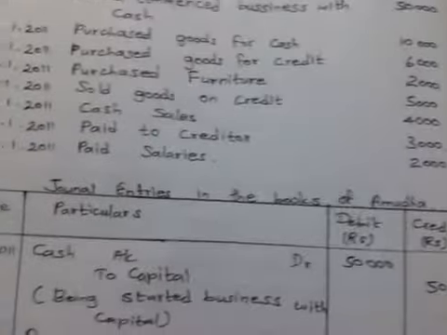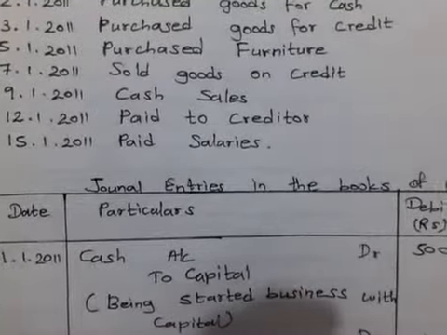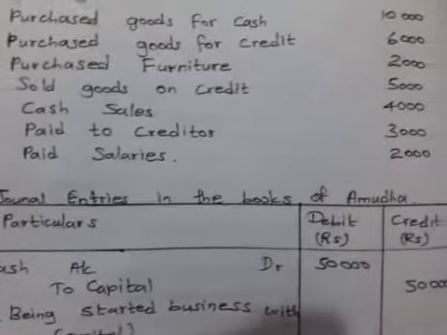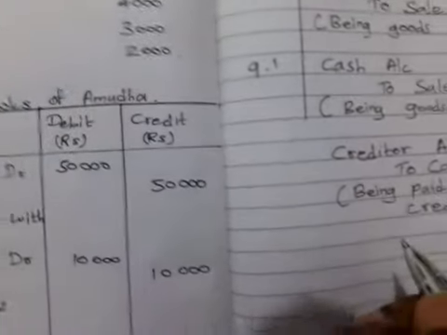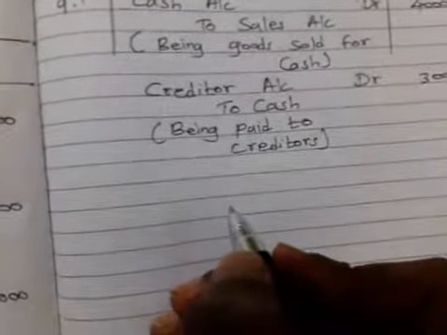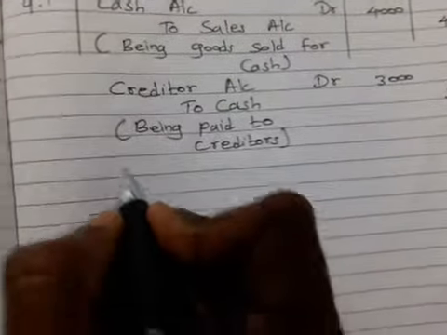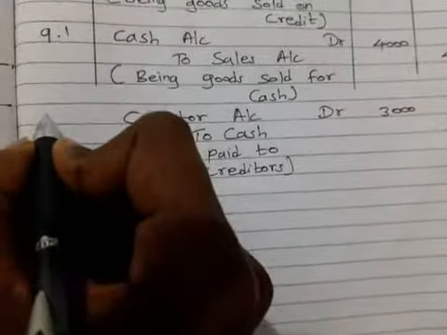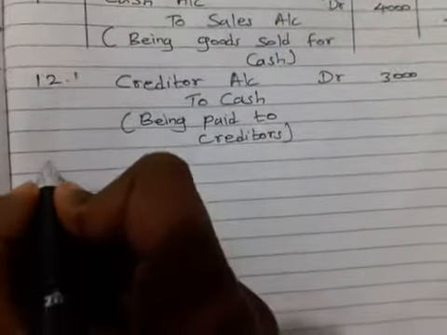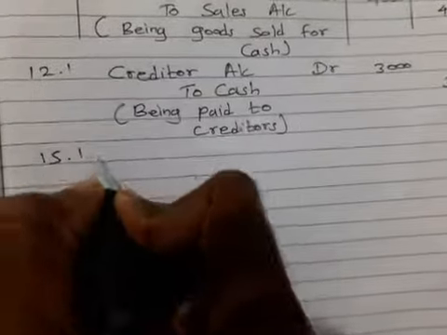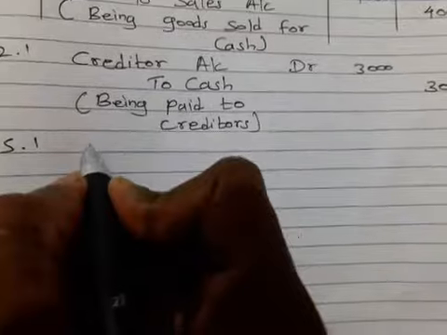The last transaction. 15th of January 2011, paid salaries 2,000. In this case, salary account and cash account are related. When we pay the salary, at that time cash reduces.